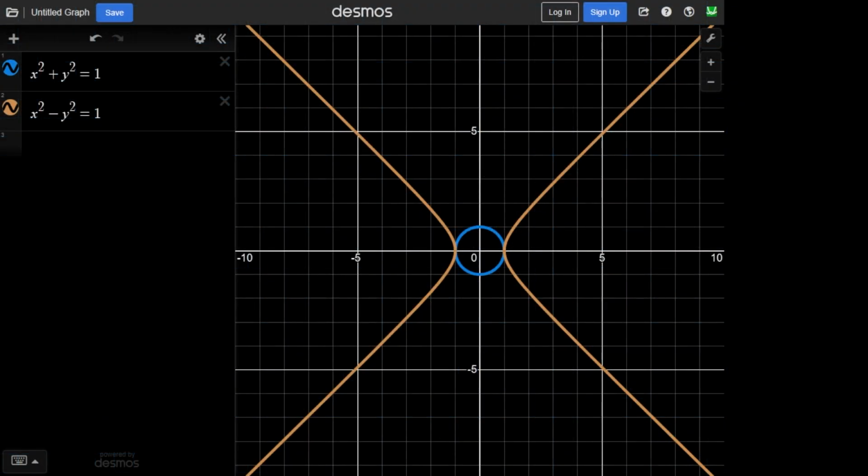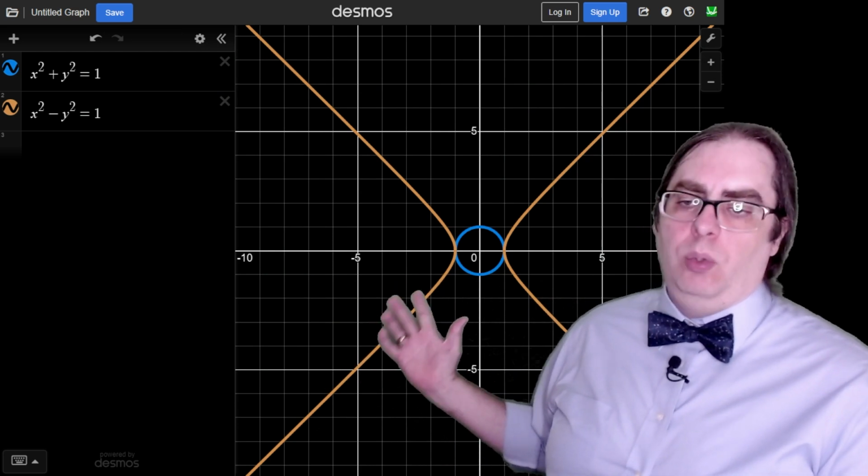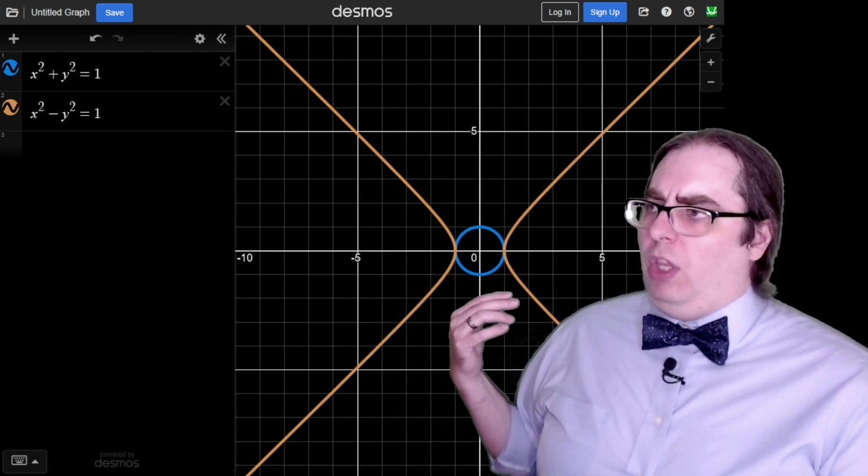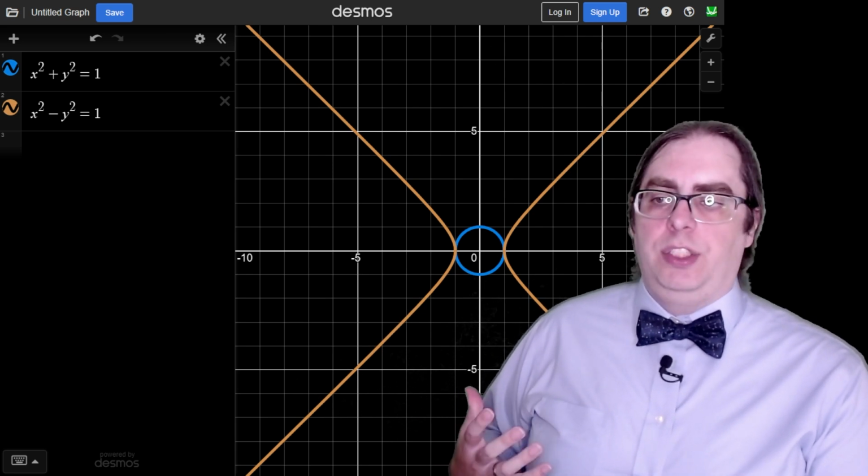Just a quick reminder for you, the unit circle x squared plus y squared equals 1 I have here graphed in blue. The unit hyperbola x squared minus y squared equals 1 I have graphed in orange. And this really is the relationship of hyperbolic functions.